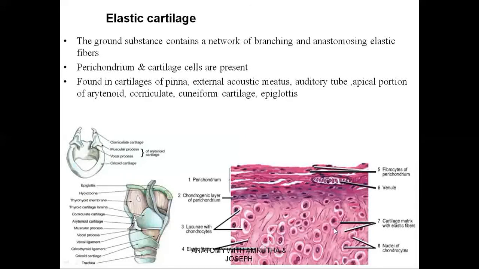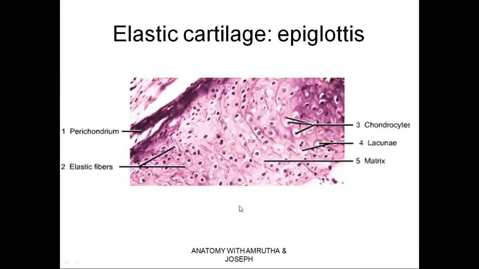So in fact, elastic cartilage has the largest cartilage cells. Lacunae can be seen here. This is how elastic cartilage looks like. It's a picture of epiglottis, where chondrocytes can be seen, and they are in the lacunae matrix. Elastic fibers can be seen, perichondrium as well.